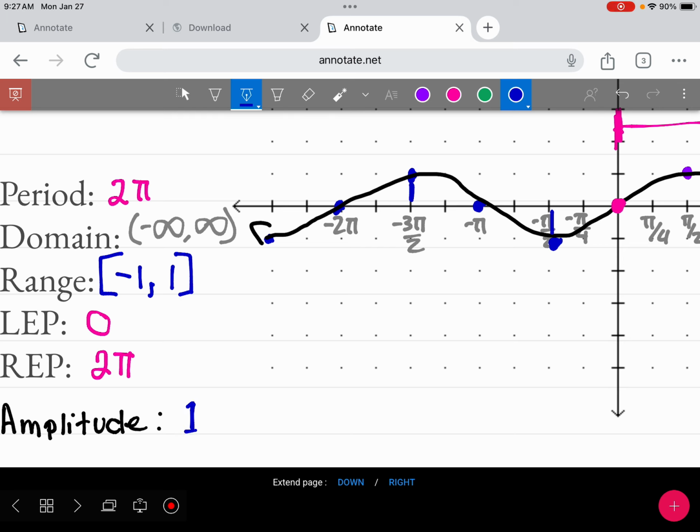It's the distance from that center line to the highest point. I know right now it feels kind of gibberishy, but once we start looking at transformation, where these pieces are coming from will make more sense. Amplitude is going to be like our A.